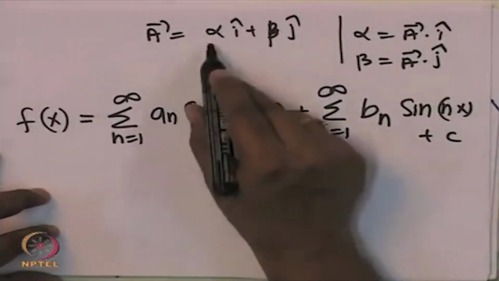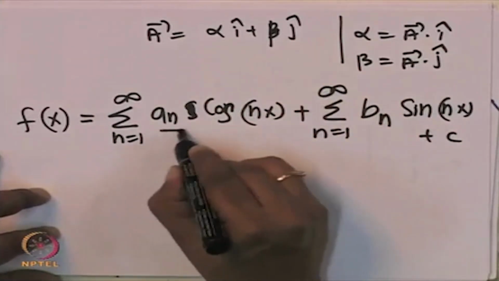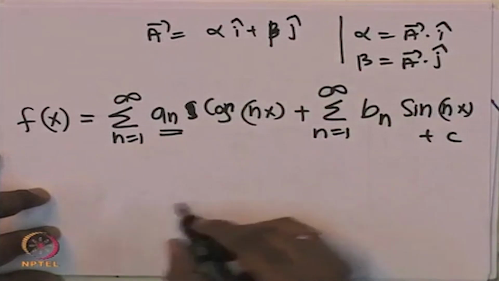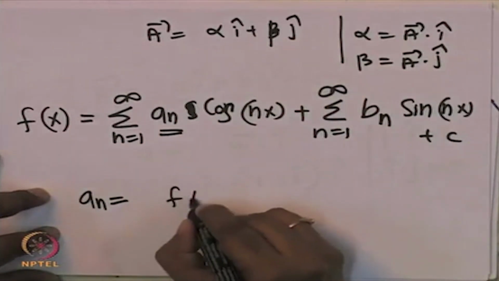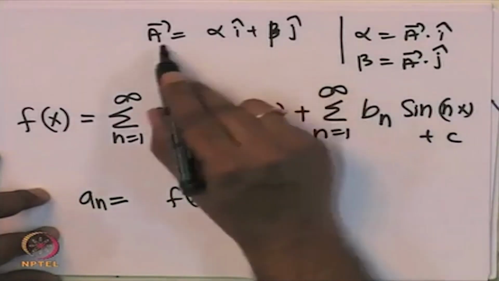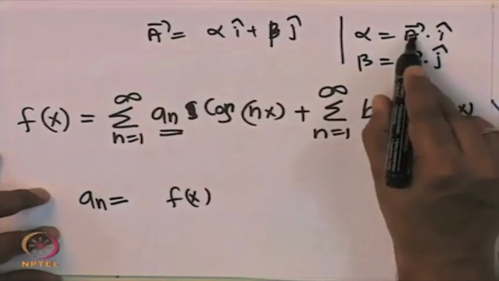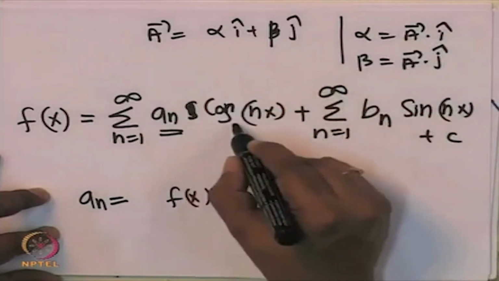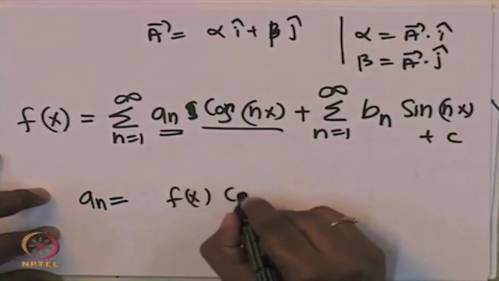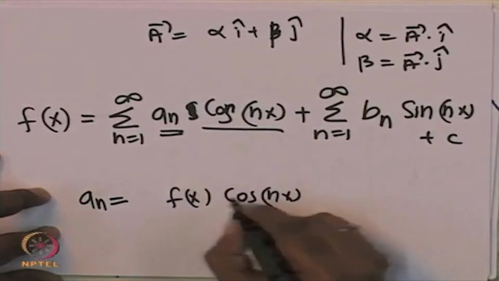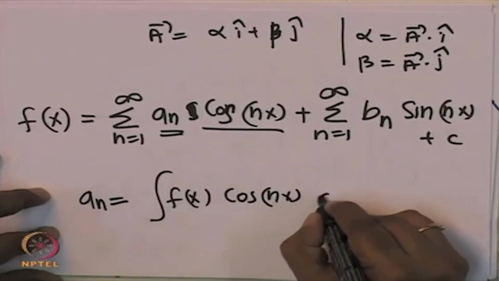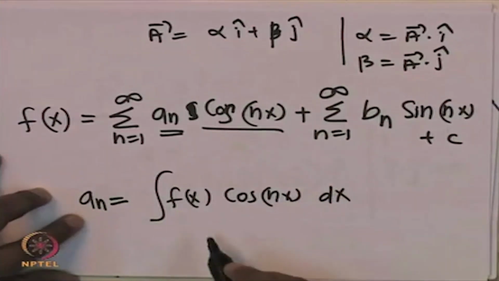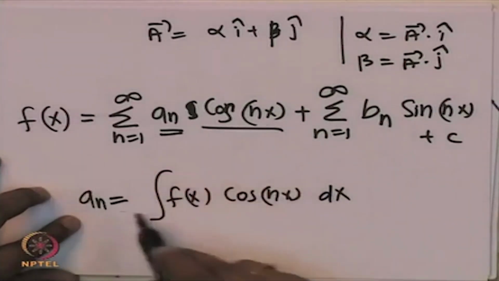Now, analogous to this, the way of finding a n, it turns out, is this. We found that a dot product with i gave you alpha. Similarly, you multiply with cos and integrate, and you get a.